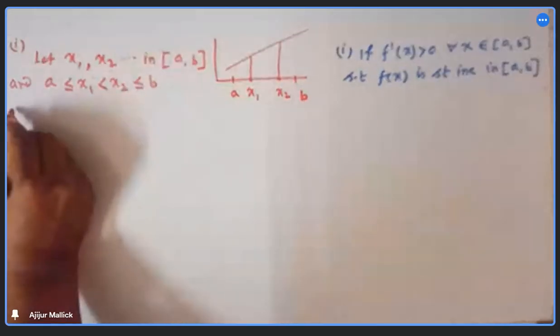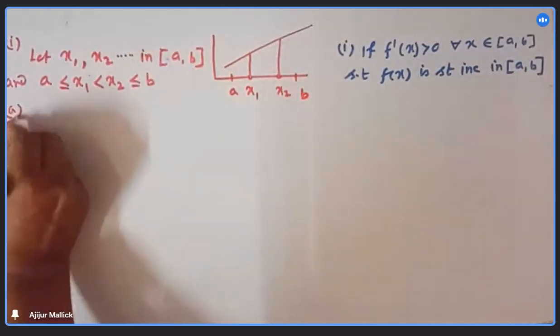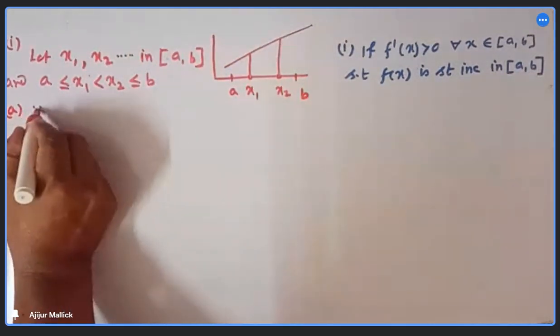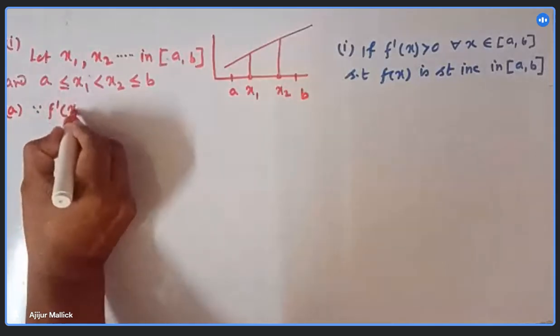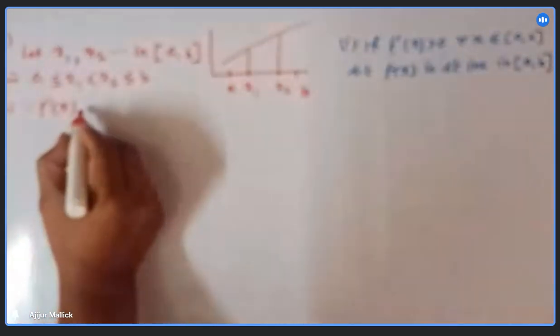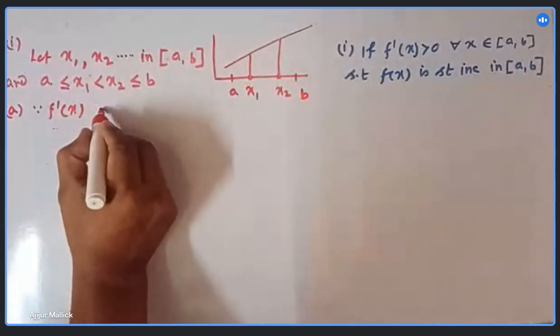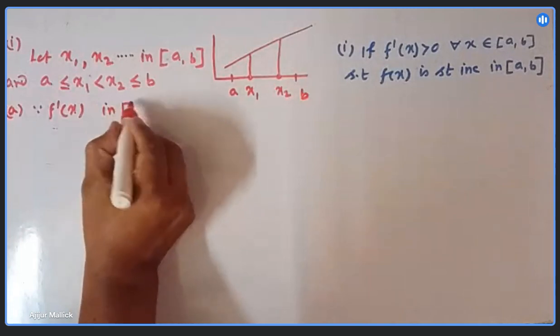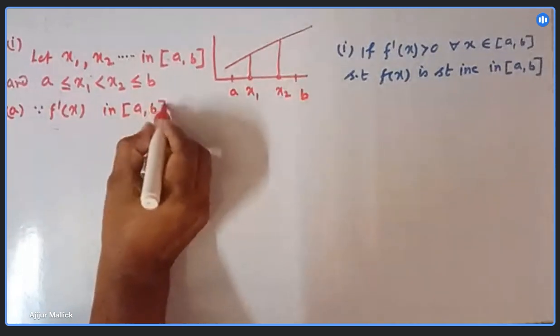Number A first. Since f dash x exists, it is given in the question that f dash x exists in the closed interval AB.